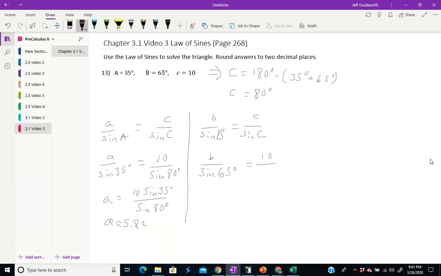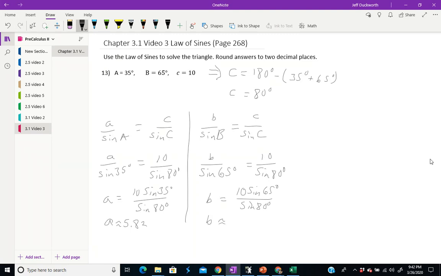And again, we have a 10 and a sine 80 degrees over here. We multiply through by sine of 65, and we're left alone with b equals 10 sine of 65 degrees over sine of 80 degrees.